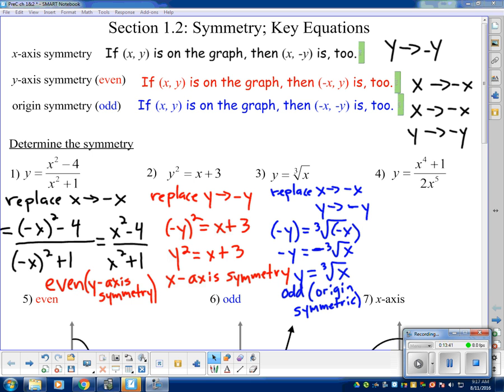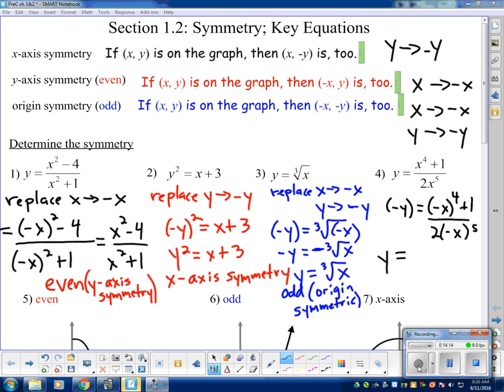Well, anybody else have any other ideas? So we might just have to go through and try each one. So if we replace this one, it's the same as the one before it here. This one, if we replace y with negative y and x with negative x, we do get the same equation back.